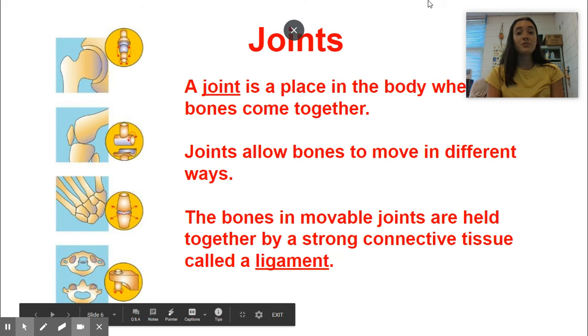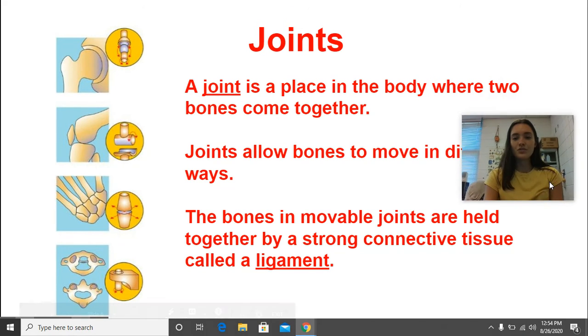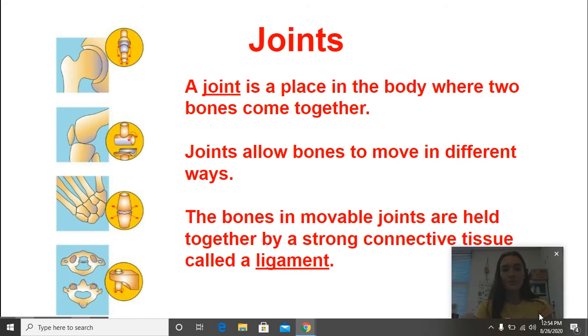Okay, next important thing is joints. A joint is a place in the body where two bones come together. So joints combine different bones and allow bones to move in different ways, like here and your knees.